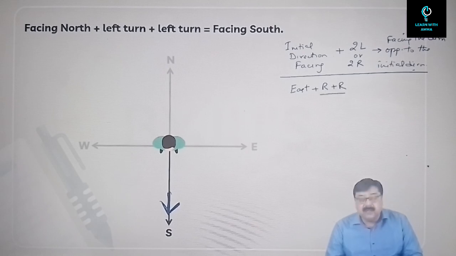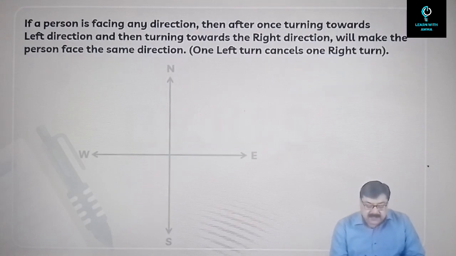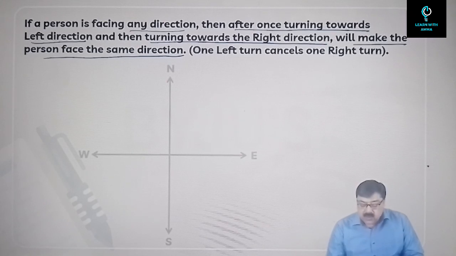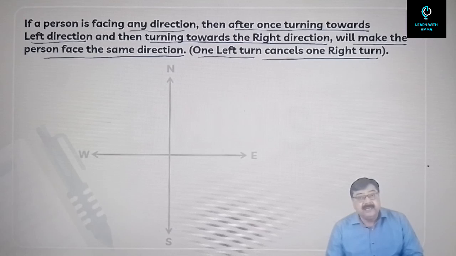He has taken 2 right turns, so now he would be facing west. Now, if a person turns once towards left and then once towards right, he will face the same direction. In short, one left turn cancels one right turn.